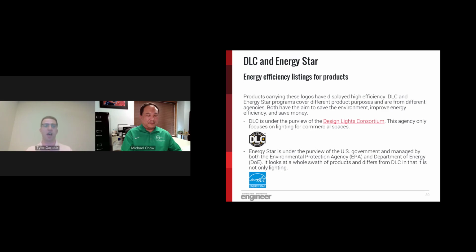I'm sure you've all seen it. But they also do lighting. And they really do focus on residential and hospitality type lighting installations. So downlights, a lot of those small linear tape lights that we like to use now with those remote drivers. The tapes aren't often Energy Star rated, but the drivers will be.